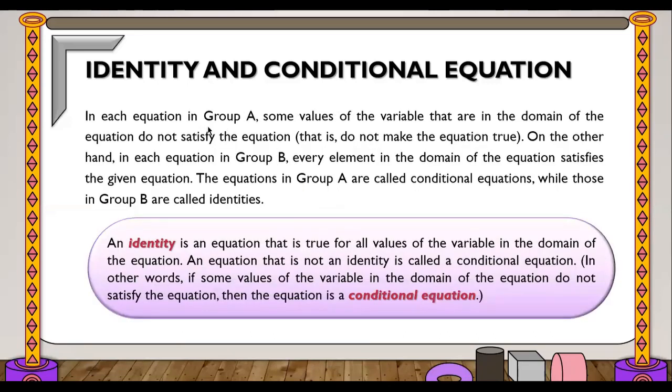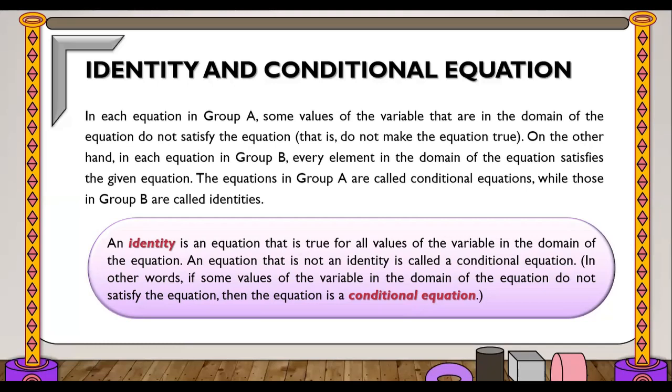In each equation in group A, some values of the variable that are in the domain of the equation do not satisfy the given equation. That is, they do not make the equation true. Pwede mangyari yan, no? So, mayroong mga value doon sa group A natin na kapag sinubstitute natin for x, pwedeng maging false or true yung statement.